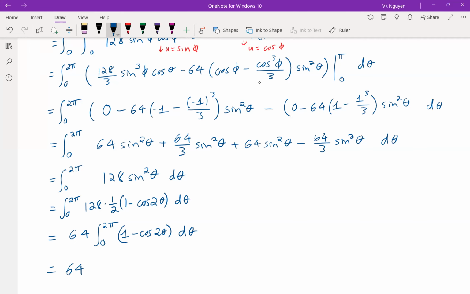Okay, it's going to be theta minus half, since the integral of cosine is sine.